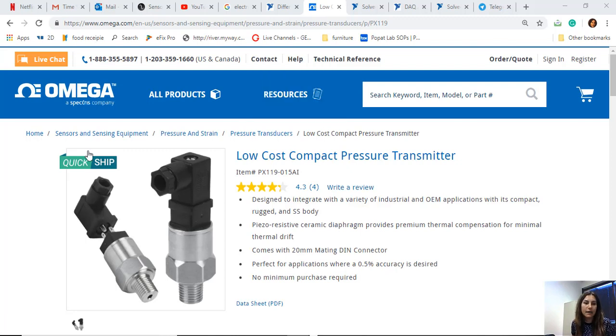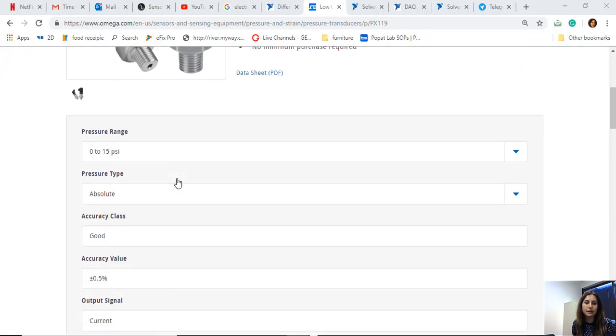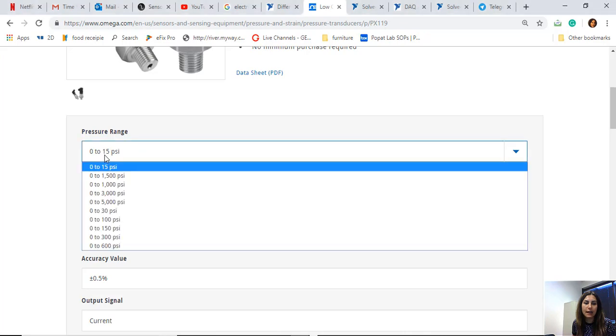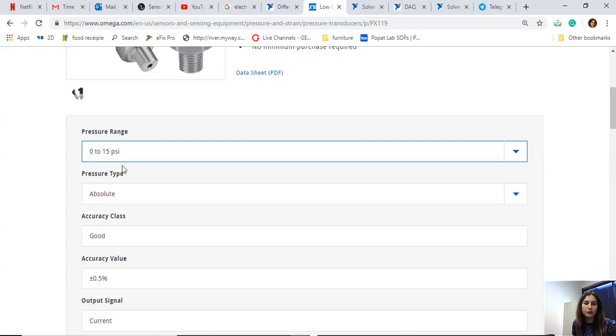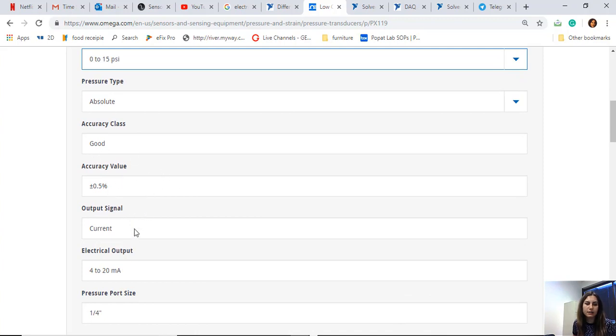So, for example, on the Omega website, they are selling this low-cost pressure transmitter, and you can see that the pressure range that they have is from 0 to 15 psi and so on. So if I choose the 0 to 15 psi, it's going to measure the absolute pressure and the accuracy value and all these things. You don't care.